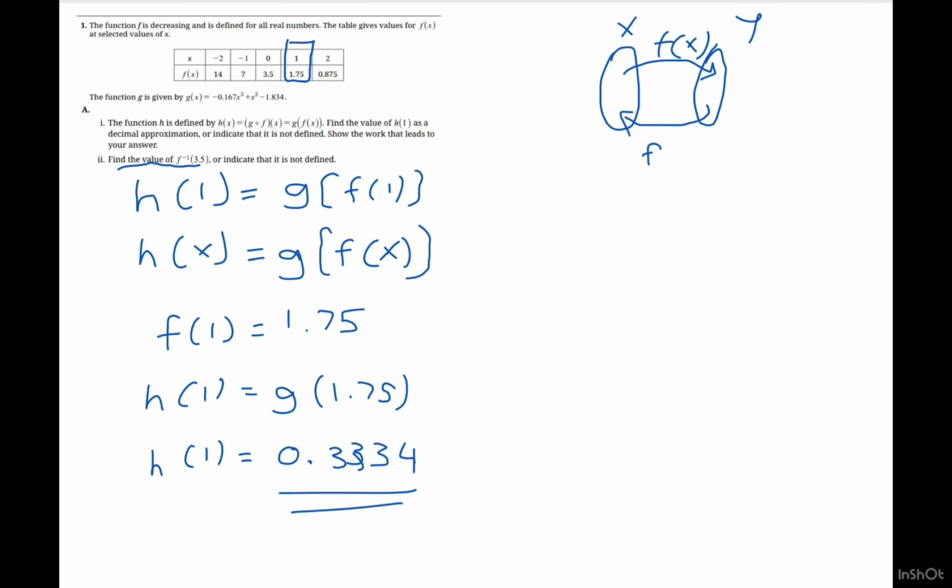So when they ask us to find f inverse of 3.5, it would mean which x value corresponds to the y value 3.5. And looking at the table, we have this one. So f inverse of 3.5 should be 0 because f of 0 is 3.5. So f inverse of 3.5 is 0. I hope that part A was very clear.